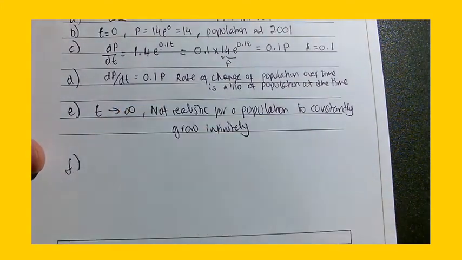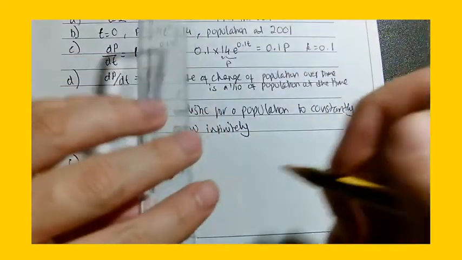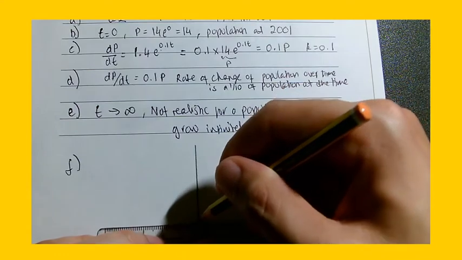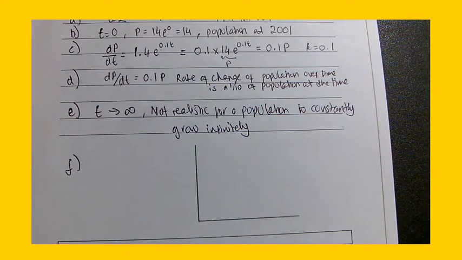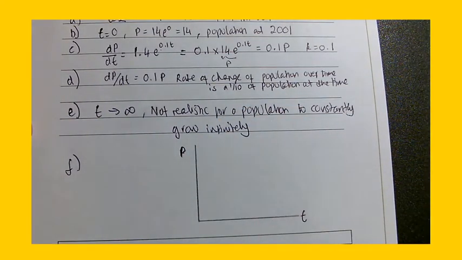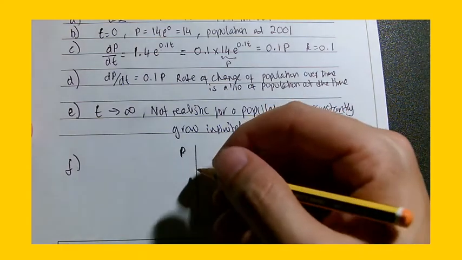And part F, sketch a graph of P against t. So obviously you would need a ruler and pencil for this. This is where my ruler comes in handy. So we've got population against time. Time represents years after 2001. So when t equals 0 is 2001, which had a value of 14 million.